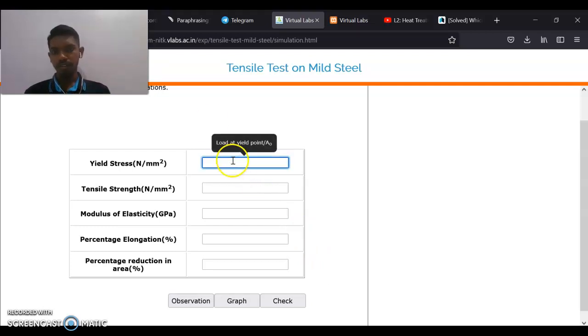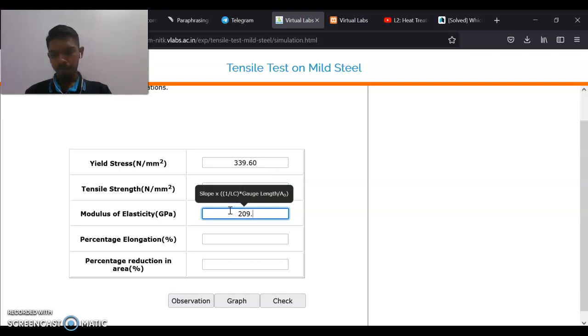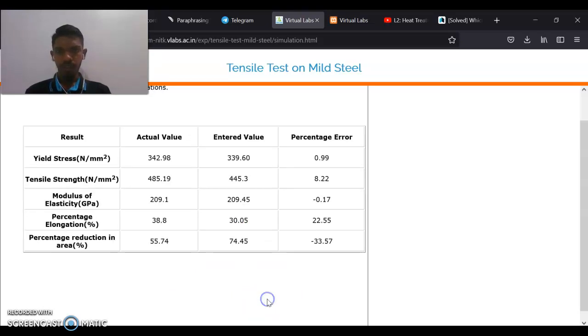So the yield stress is 960, 4593. Okay. So the actual value is 342 and 9.98.